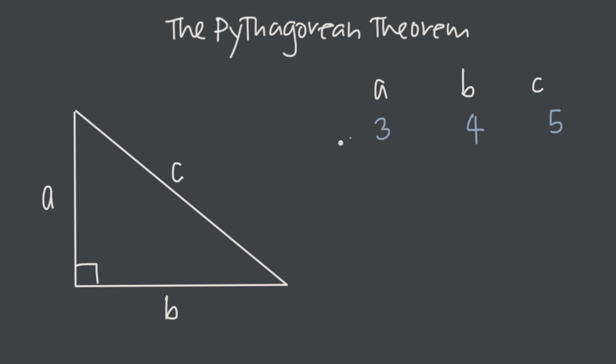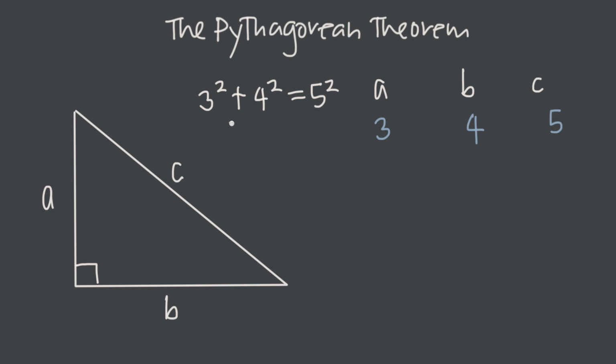So if we keep that rule and we say A is always the shortest side, then when A is 3, the shortest side is 3, then B, the other leg, is 4, and C, the hypotenuse, is 5. And we can see that if we plug this into the Pythagorean theorem, this set of values satisfies it, because we get 3 squared plus 4 squared equals 5 squared.